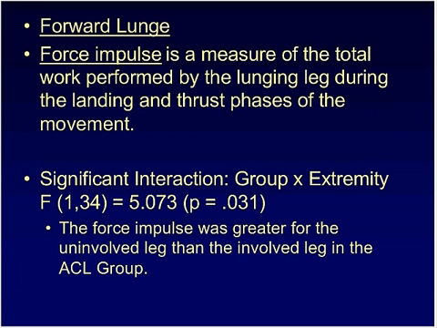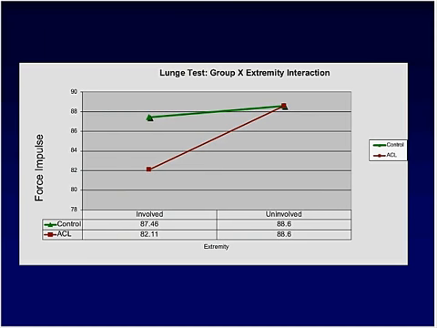For the forward lunge, we also did the forward lunge with this group, and for the measure of force impulse, which was the total work performed, we found a significant interaction. To say that in plain terms, the force impulse was greater for the uninvolved leg than the involved leg for the ACL group. And that would make sense. If we look at the control group, again, relatively flat with the green line, the measure is force impulse for the lunge.